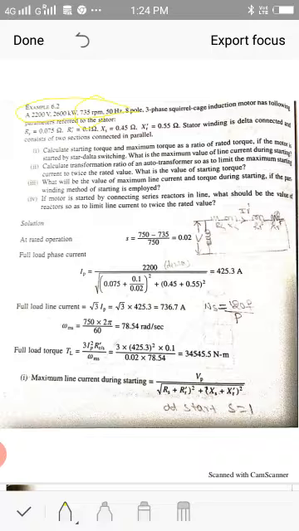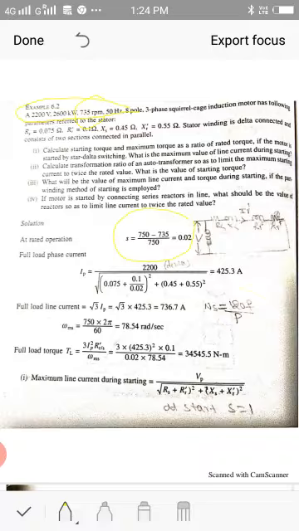For rated condition, the slip at rated load will be equal to (750 minus 735) divided by 750, that is equal to 0.02. Slip is nothing but synchronous speed Ns minus N divided by Ns. Here Ns will be equal to 750.